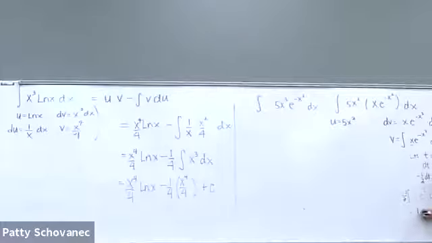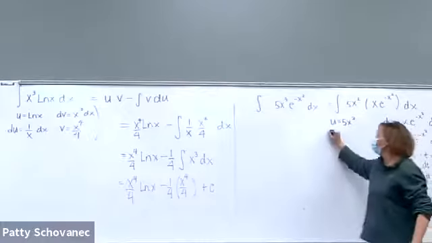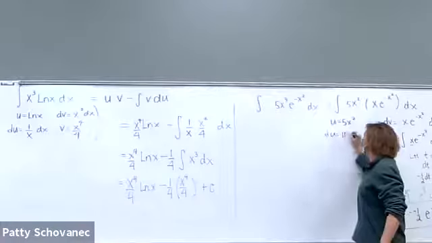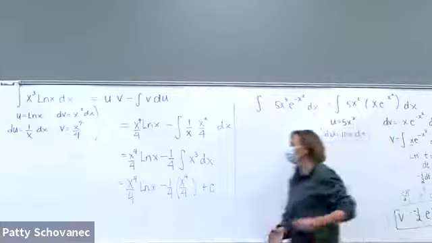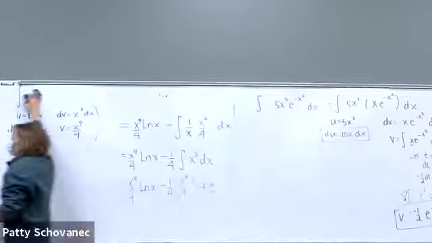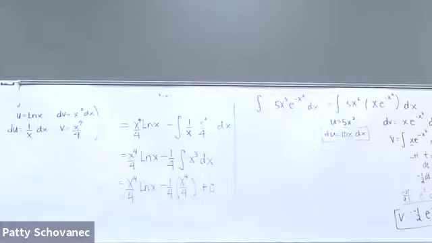So we get negative 1/2 e to the t, but t was a negative x squared. So that's my v. Then our du is 10x dx. Pull it back over here.